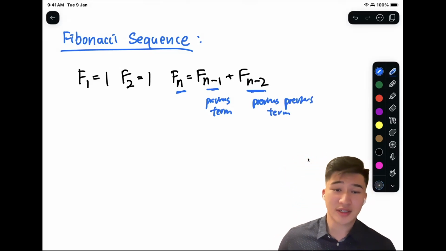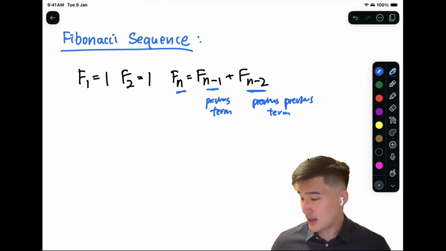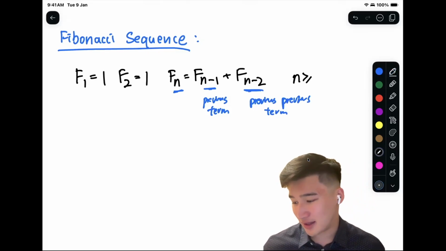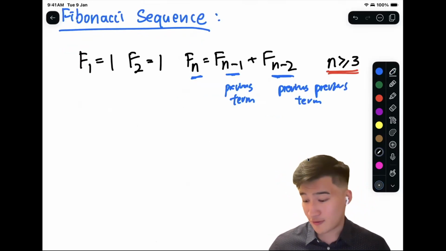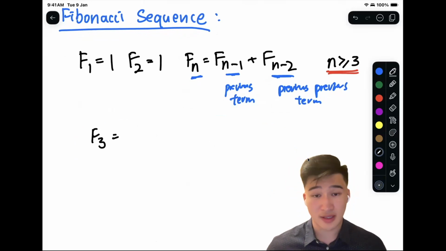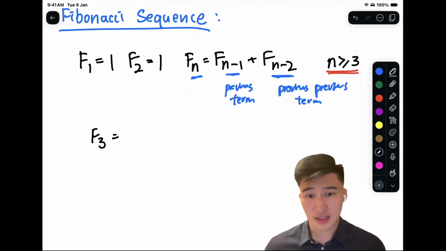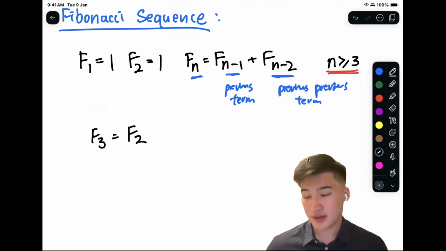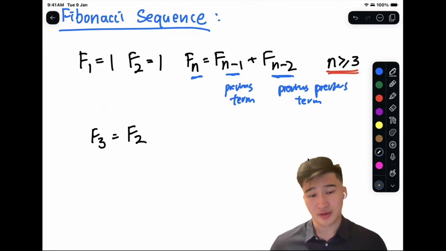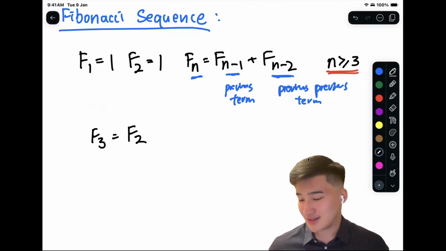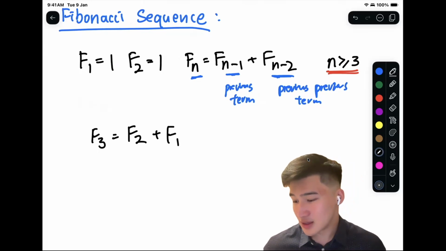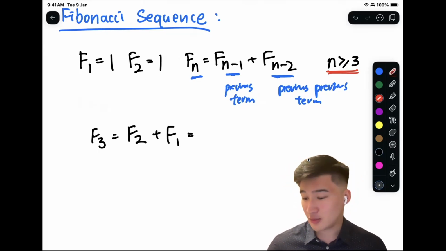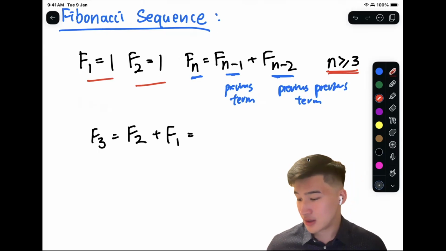So a Fibonacci sequence goes something like this, and I forgot to add n greater than or equal to 3. Now we're going to start with F3. F3 equals F(3 minus 1), which is F2, plus F(3 minus 2), which is F1. From our question, we can see that F1 is 1 and F2 is 1, so 1 plus 1 equals 2.